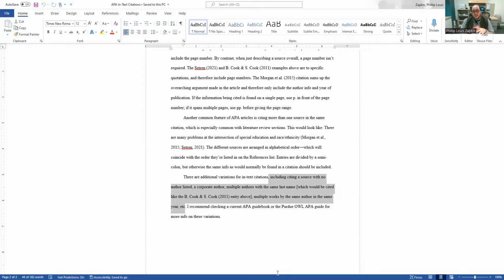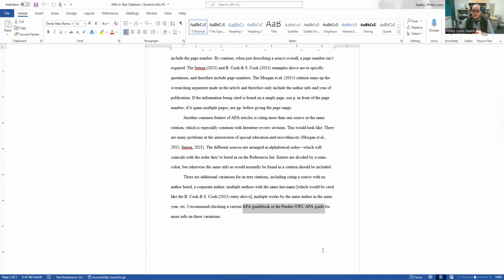These things have specific approaches that they take. But my suspicion is, for the most part, as a student writer, you'll probably not run into those things too much. If you are running into those things, two good sources that I would recommend: a current APA guidebook.